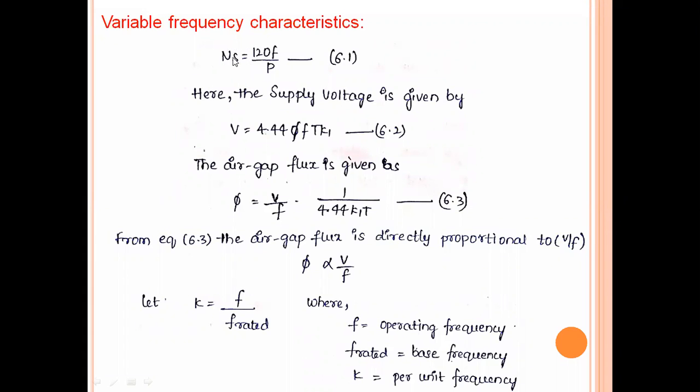Okay. And the supply voltage of the induction motor can be written as V = 4.44 K φ f T. Phi is the flux, f is the stator frequency, T is the number of turns of the stator winding, and K is the constant value.